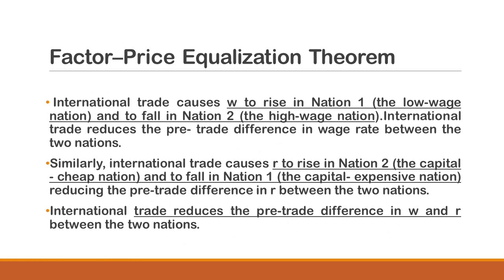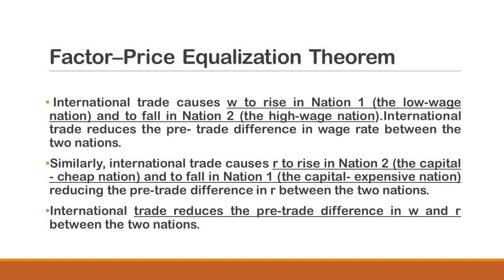So according to factor price equalization theorem, as a result of international trade, there is an increase in wage rate in the low wage nation, and in the high wage nation, that is in nation 2, there is a decline in wage rate, and thus international trade reduces the pre-trade differences in wage rate between the two nations. So as a result of international trade, pre-trade differences in the price of factors of production is declining.